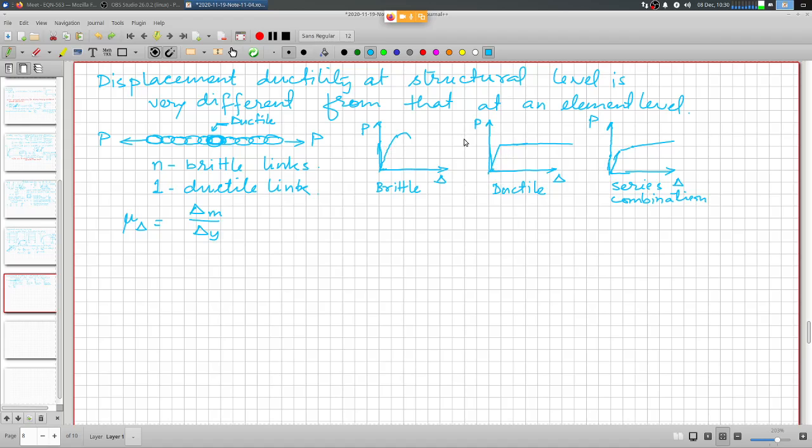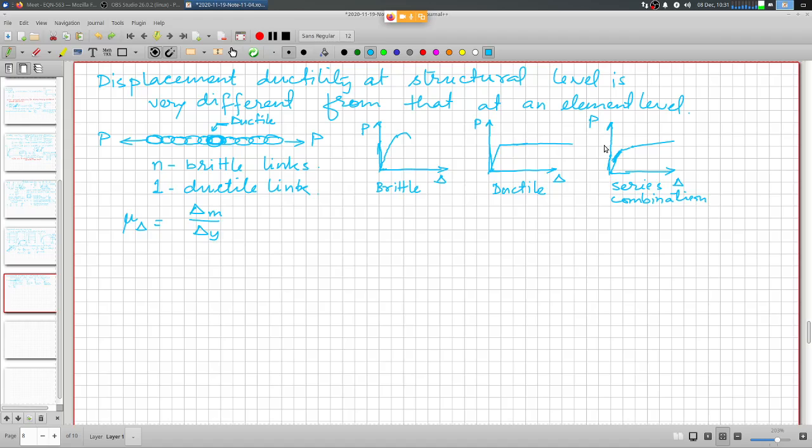So that the initial stiffness is the same for both the brittle and ductile links. So when we talk of this yield level, then the displacement in all the links is essentially of the same amount.